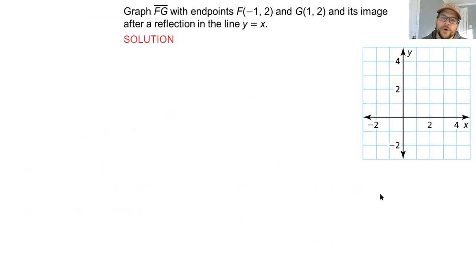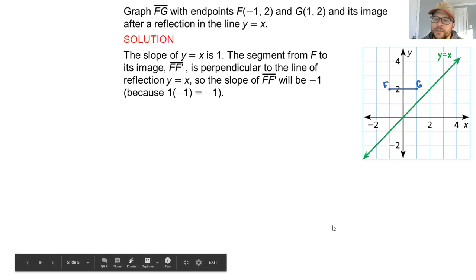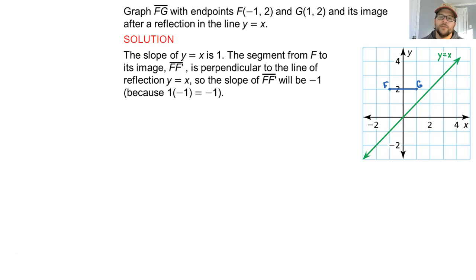Now, using the line of reflection y equals x, we're going to graph the line segment FG. The line y equals x is this diagonal line with a slope of 1, because the m is 1 in front of your x. So we are going to be reflecting this line segment across y equals x with a slope of 1.